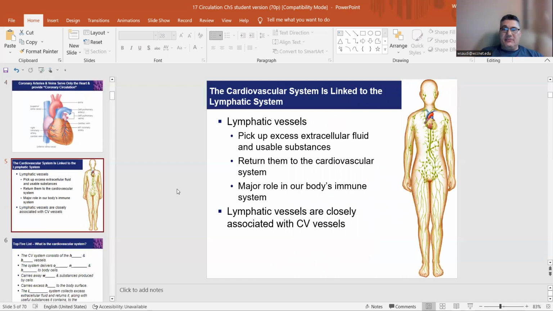There is another system that's called the lymphatic system. We don't need to know much about it. I'll just give you the idea that the fluid that leaves the blood and goes to the cells to give them oxygen and nutrients, and then this fluid will take carbon dioxide and waste products and go back.